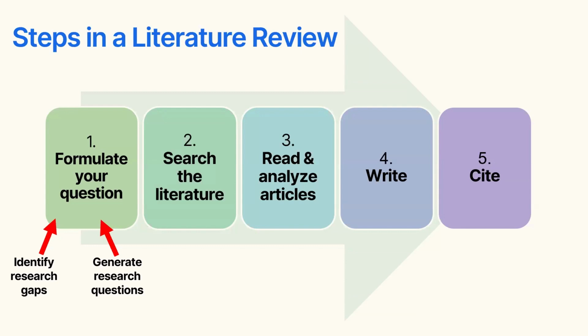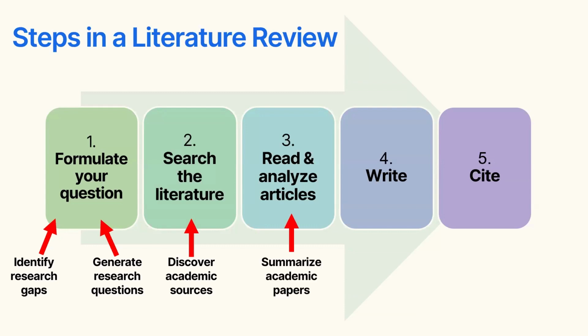That's the formulate your question piece. Discovering academic sources, right? Searching, finding these things, figuring out what's relevant, what's not. AI tools can help with that. Summarizing academic papers can be really nice for step 3 when you're reading and analyzing and figuring out, okay, what am I actually going to be putting into my writing?